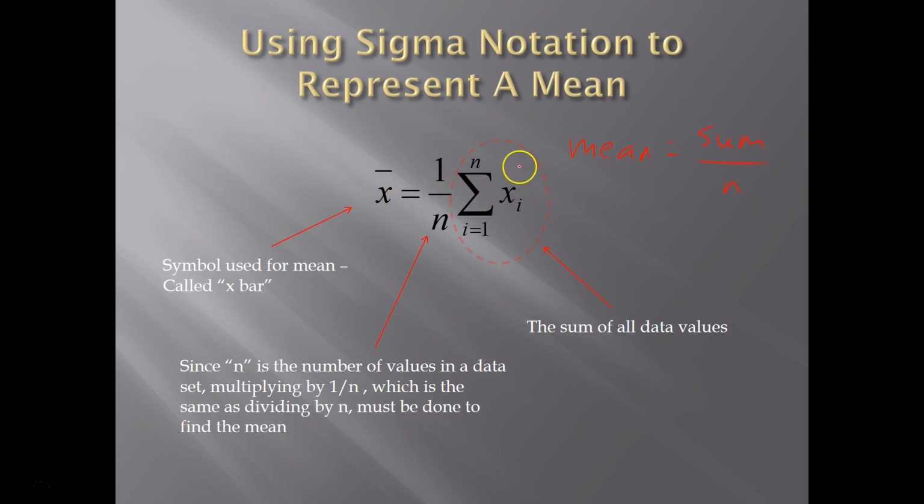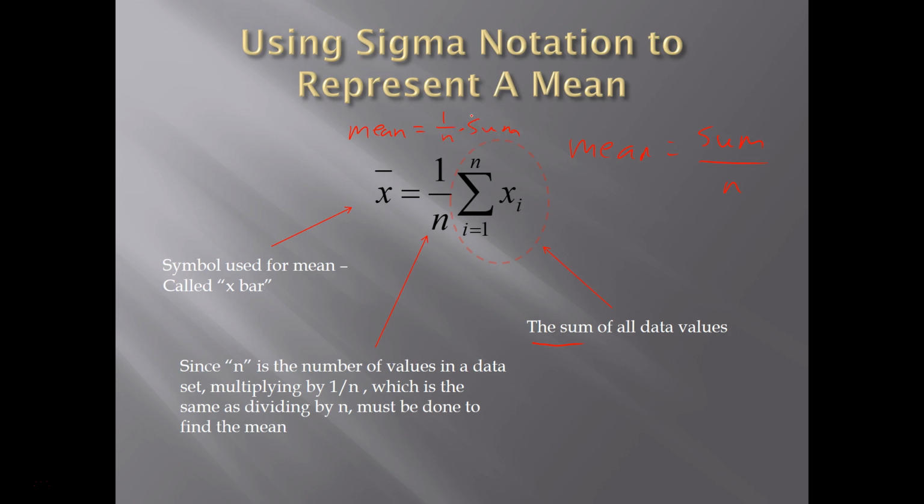Now let's look at this part that has the red dotted line around it. The thing that's circled in red there is exactly what was on the last screen. That is the sum. So this part, X bar, means the mean equals 1 over n times the sum.